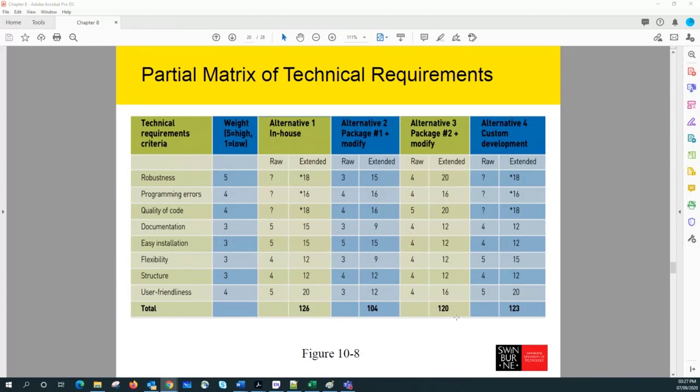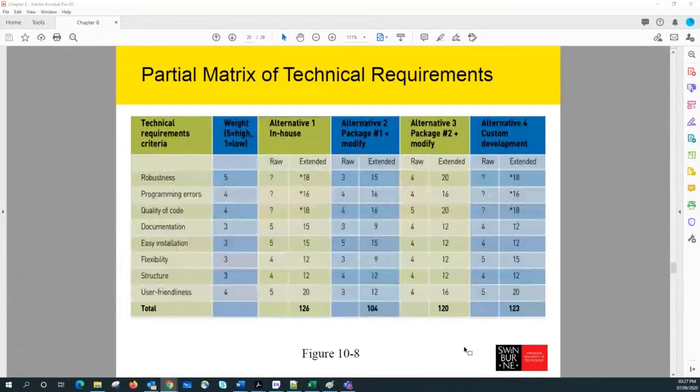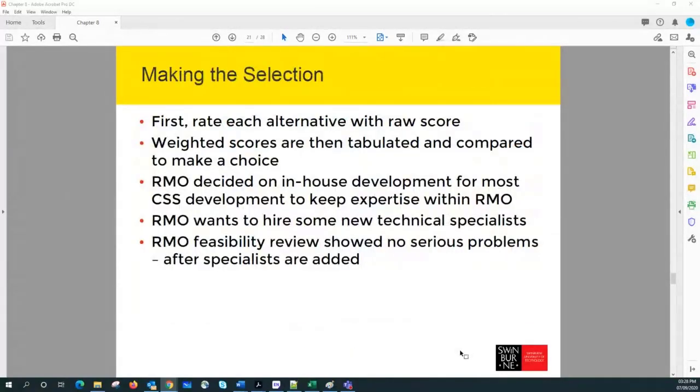But sometimes it's not that easy. This is a quantitative way of evaluating implementation alternatives. But when you're making a final selection, of course, we need to think about other factors as well, other qualitative factors. Sometimes the qualitative factors are much more serious than the quantitative ones.